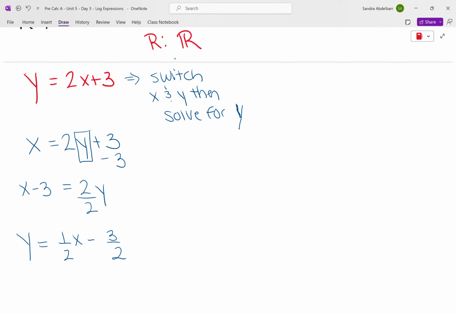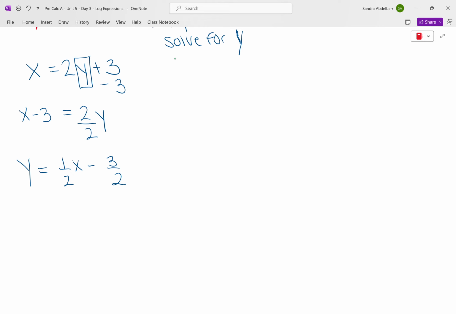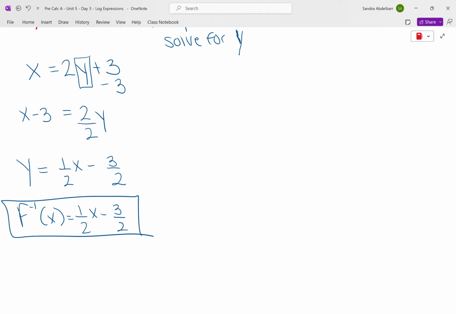We know that. What about the domain and range? Anybody remember the domain and range of inverses? So this is, you switch. Good, Kate. So the inverse of f of x is going to be a half x minus 3 halves.